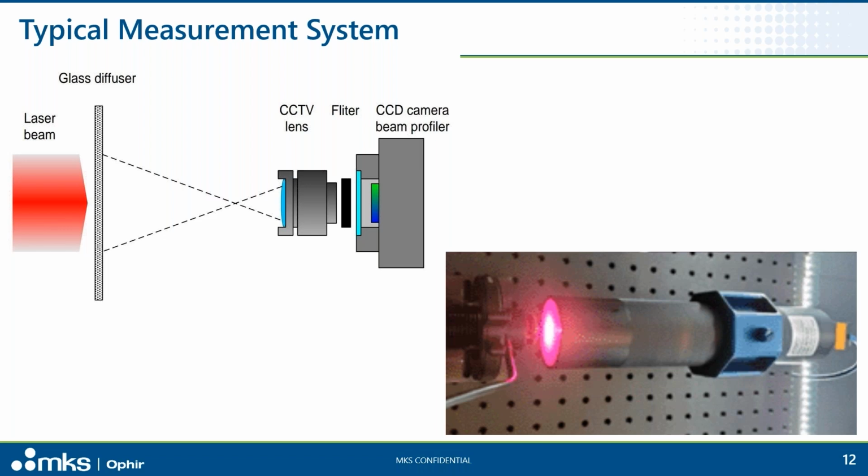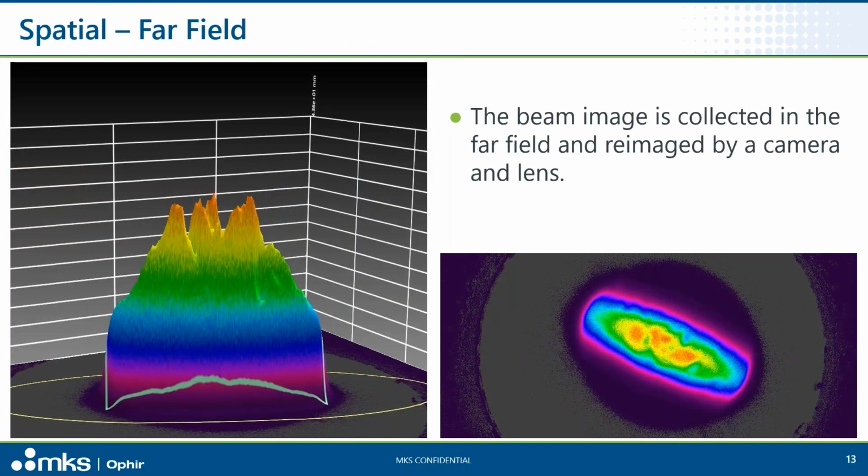The image of where the divergent beam is impinged is then relayed by a camera lens to the sensor. Far field is typically imaged in one way or the other.